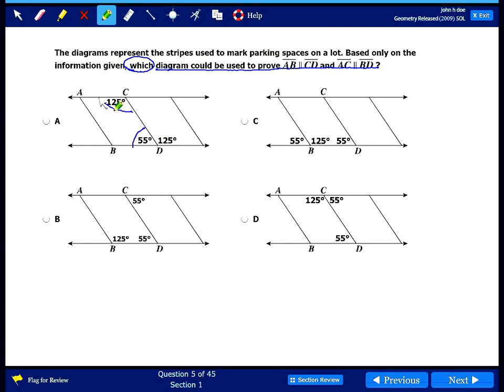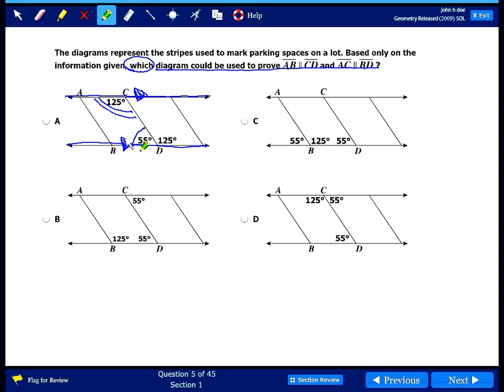We have these two angles here. This tells us that the consecutive interior angles are congruent. So all we know now is that these two lines will be parallel. We're not given enough information to say that line AB and line CD is parallel though.